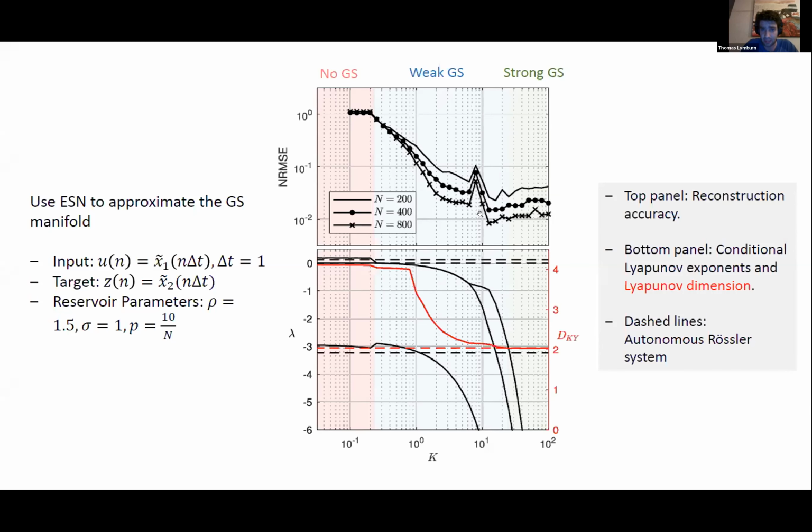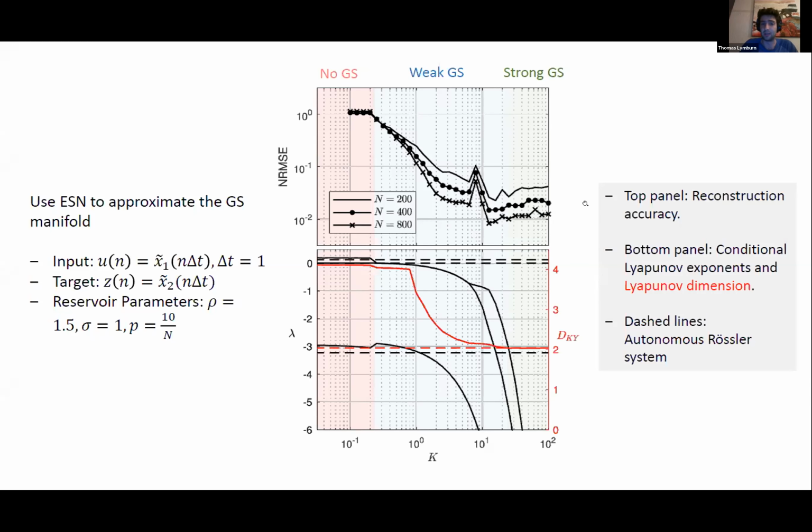We can also see that there actually isn't a huge difference between what's going on towards this sort of simpler area in the weak GS regime and the strong GS regime. Even though you expect the strong GS functional to be quite a lot simpler, there is actually a huge change in performance going from there to there. So we think that it is the reservoir's access to this fading memory which is allowing it to do this.